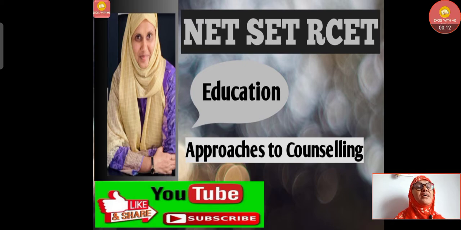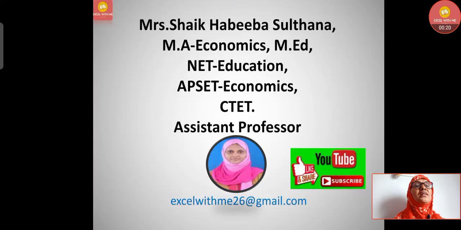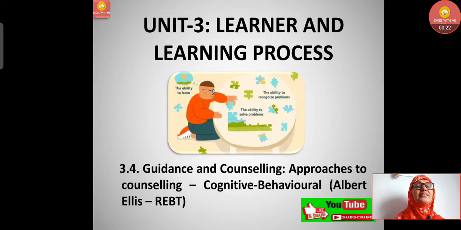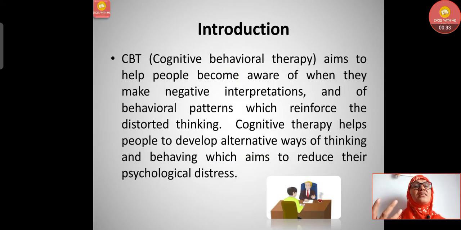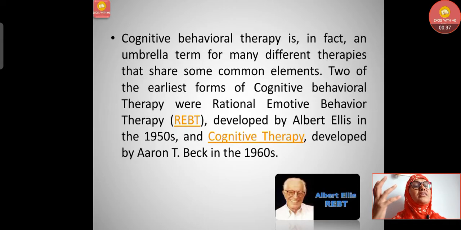Let's start today's class, that is UGC NET Paper 2 Education, Approaches to Counselling. Under Unit 3 we were discussing learner and learning process, guidance and counseling. Under that we have already done a little bit about approaches to counseling in the previous class, that is, what is CBT, cognitive behavioral therapy, and how feelings, thinking and behavior interact with each other.